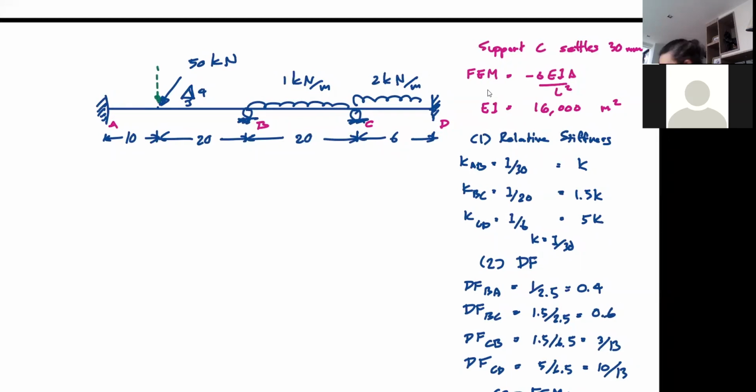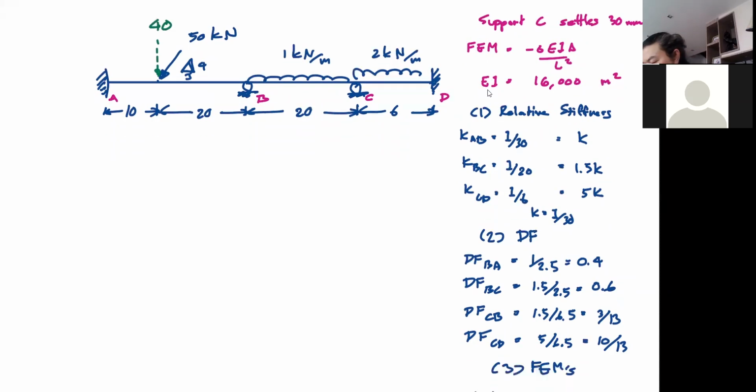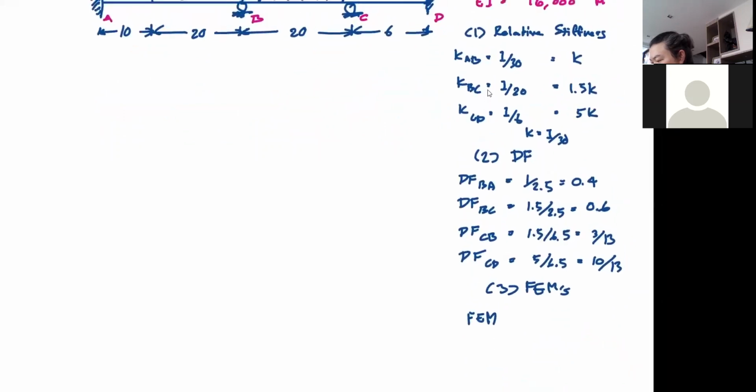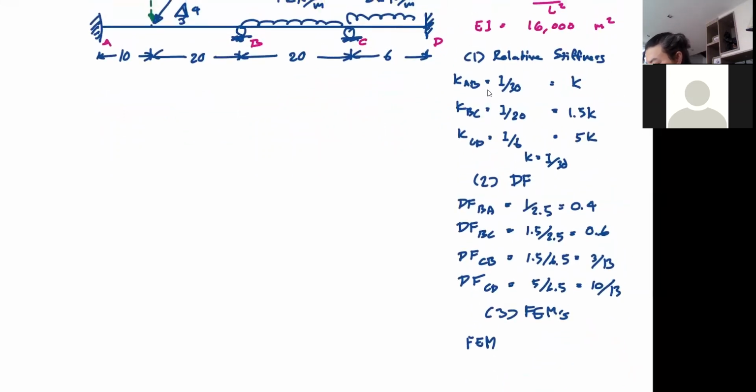So the load that you must use to calculate this has to be 40, right? It's just like how we treat the inclined load in structural analysis 1. So you have to use 40 for the calculation of FEMAB.